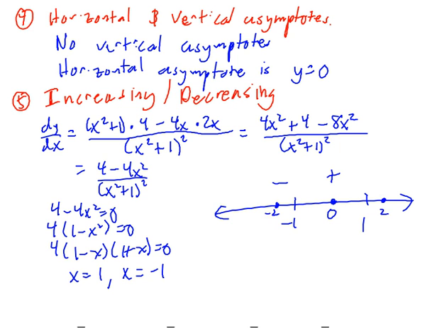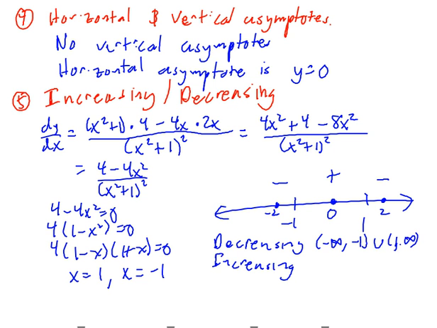And if we plug in 2 into our derivative, that would also be negative. So we know our function is decreasing from negative infinity to -1, union 1 to infinity, and it's increasing from -1 to 1.